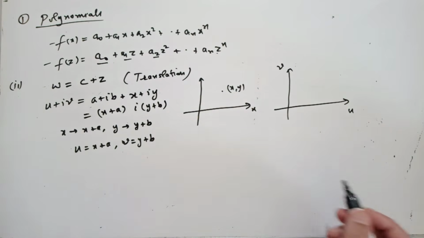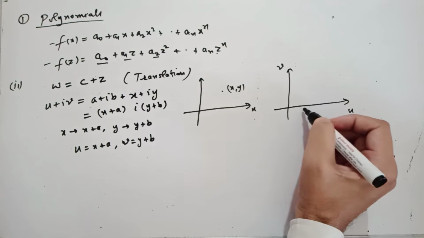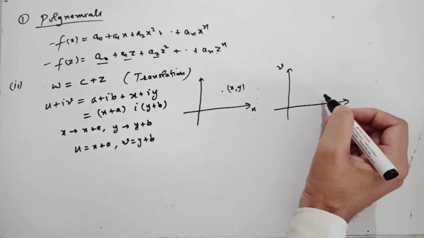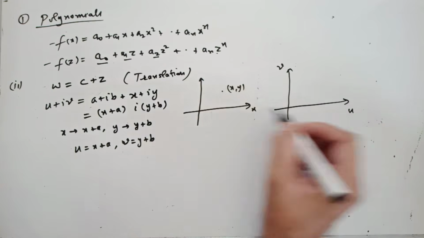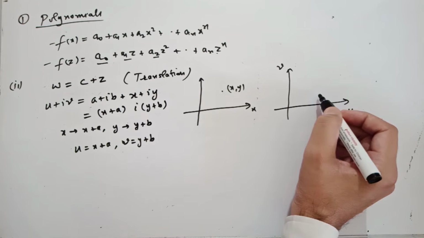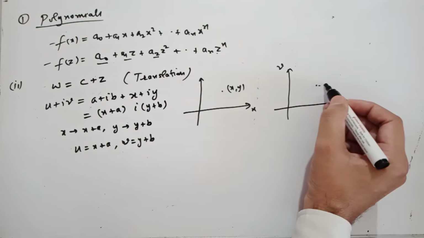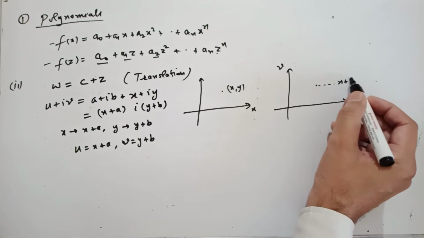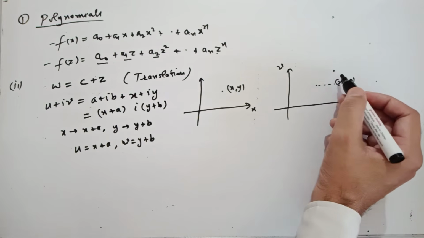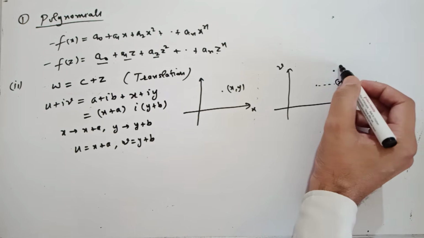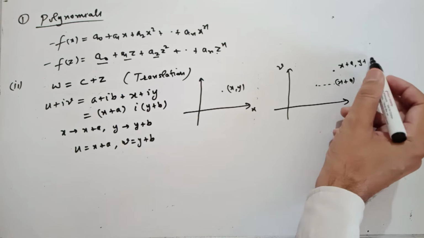U is x plus A. So x is translated to x plus A, meaning in the x direction. Say here is your xy originally, so it has gone to x plus A, and finally y has gone to y plus b, so finally your point is here, x plus A comma y plus b.